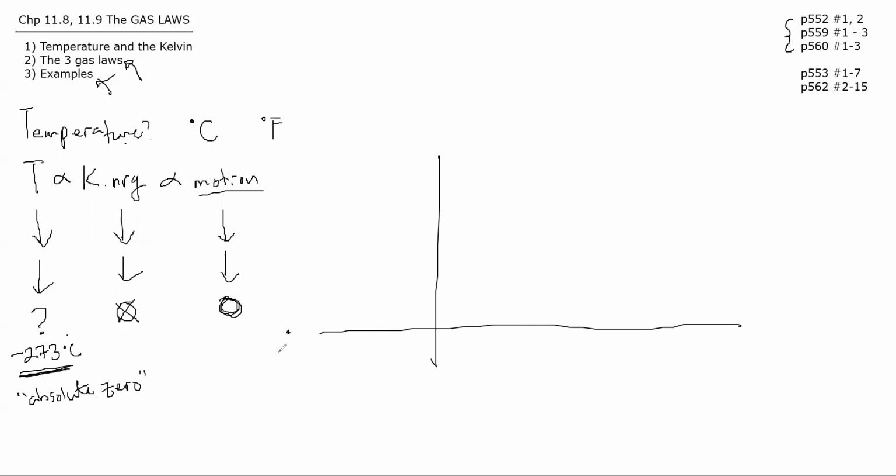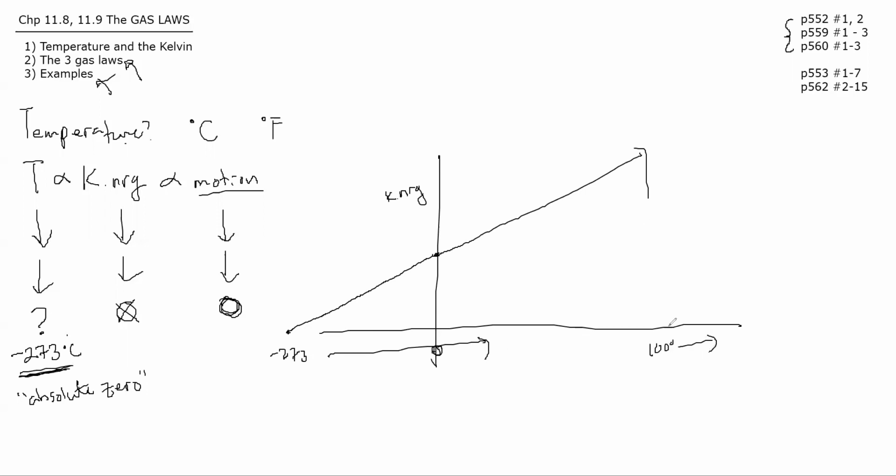We would have negative 273, and then as we increase in temperature to zero, we start getting motion. This is kinetic energy, right? We get more kinetic energy as we get to higher temperatures like 100 degrees plus. That's a weird graph. And let's be honest, if you had a graph, wouldn't you want it to start at the origin instead? Well, I hope you agree.